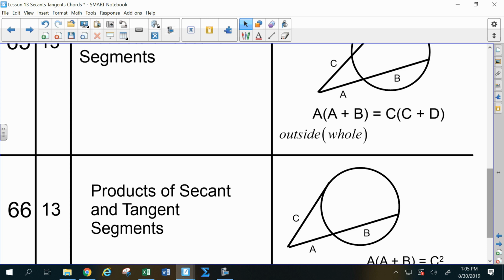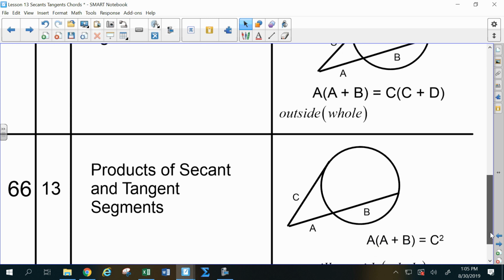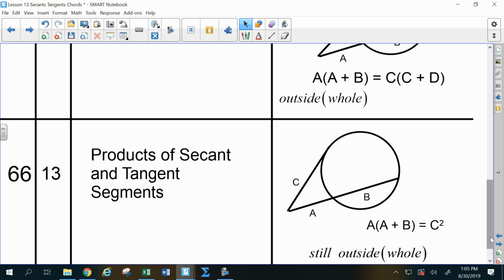The outside is C, but C is also the whole thing, so that one becomes A times A plus B equals C squared. But you don't have to worry about memorizing that completely separately if you learn these as the outside times the whole thing equals the outside times the whole thing, and if outside and whole thing are the same, you just get something squared.